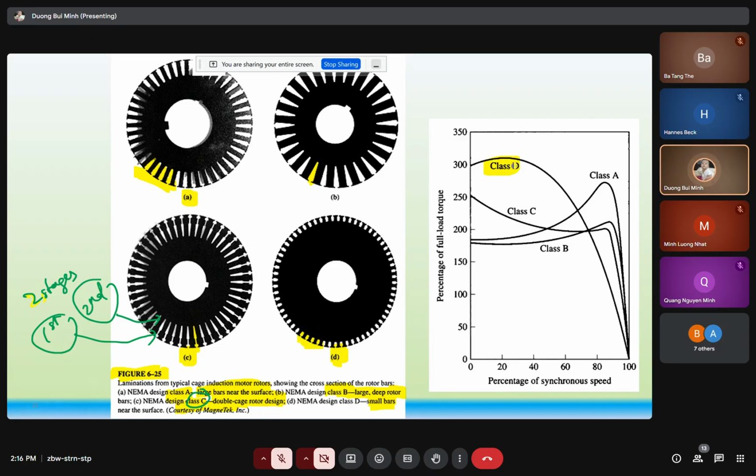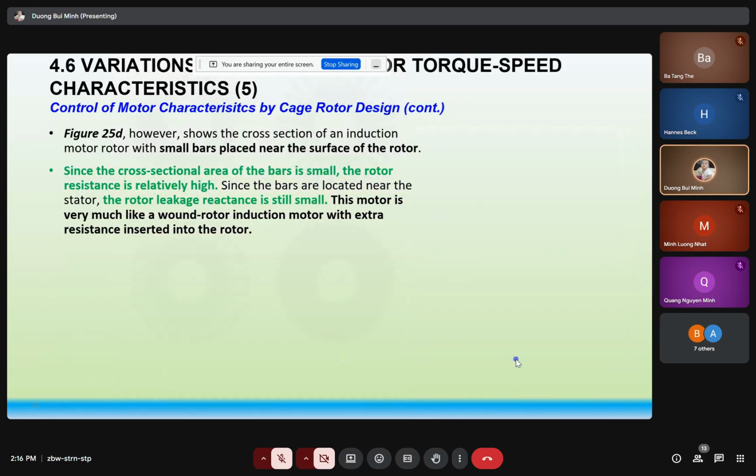So that is the reason for class D: we get very high starting torque, but lower efficiency. Any questions?